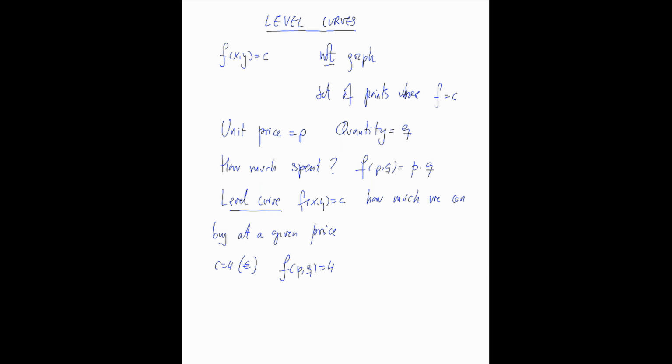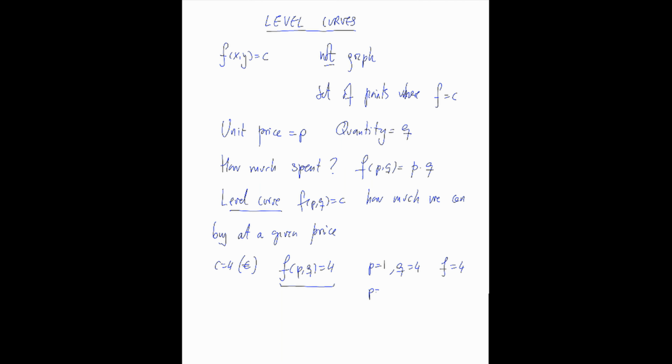I'm sorry, here this should be PQ, but it's easy to understand. Nevertheless, let me correct it. So let's go back. How much can we buy for 4 euros? That depends, of course, on the price and the quantity. But for example, if the price is equal to 1 and we buy 4 units, we spend 4 euros.